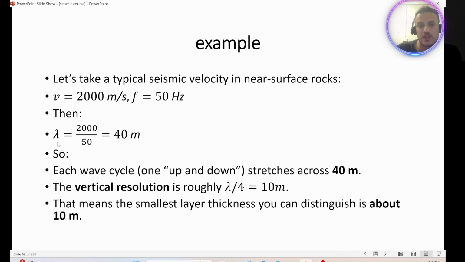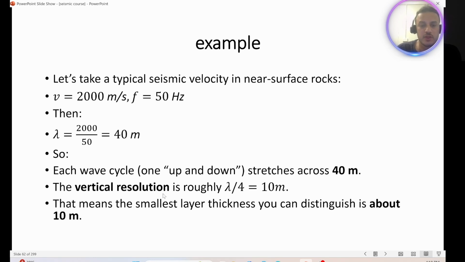So lambda is 40 meters, that means it takes 40 meters to complete one full cycle, from up to down, up, down.